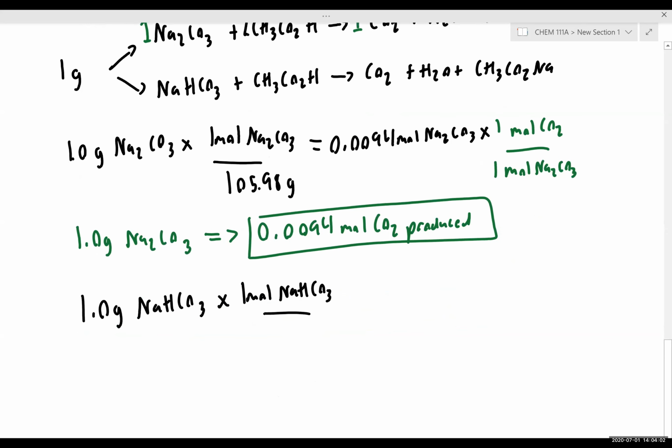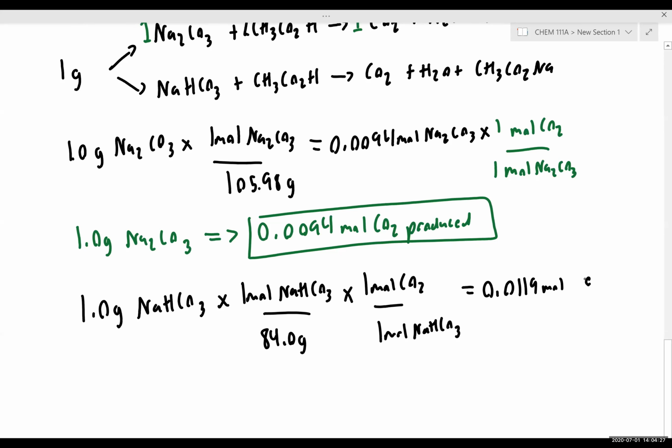So in 1 mole of sodium bicarbonate, we have 84 grams. We make 1 mole of carbon dioxide per 1 mole of sodium bicarbonate, which in turn gives us 0.0119 moles of carbon dioxide.